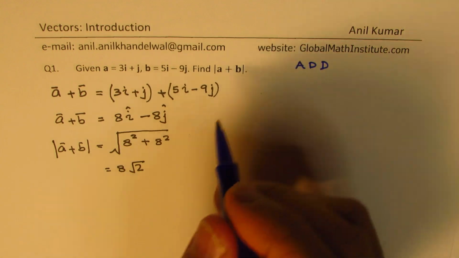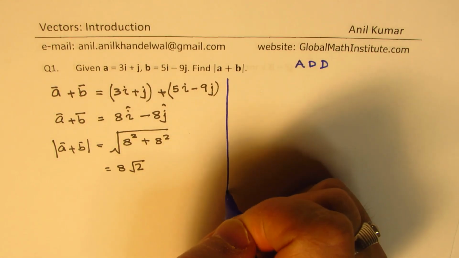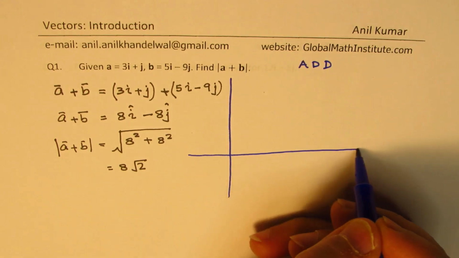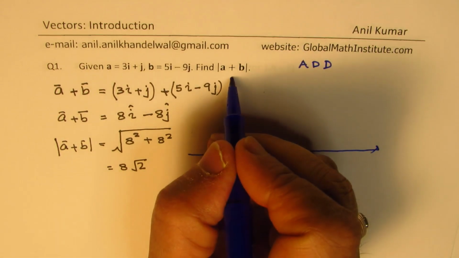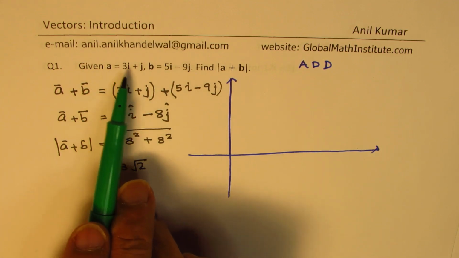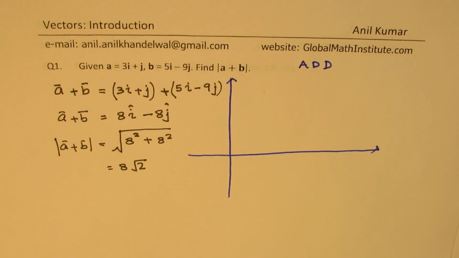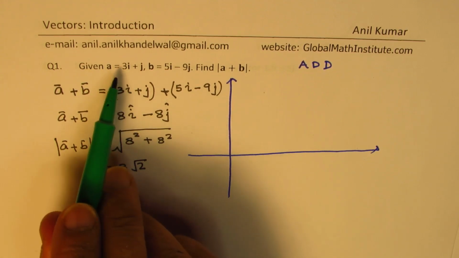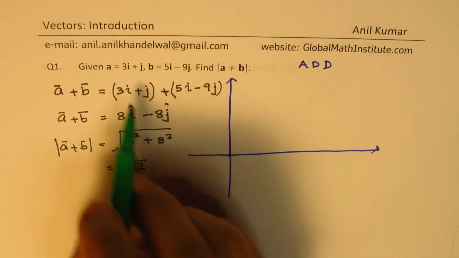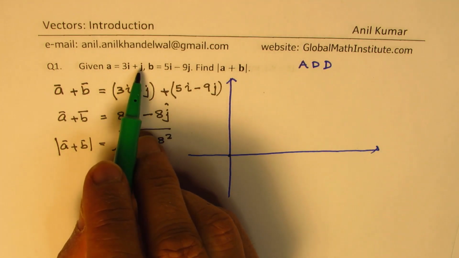Let us say that this is our coordinate plane, making a rough diagram here. 3i plus j could be represented as a position vector. Position vectors are with tail at the origin, right? So we can start with 3i plus j.